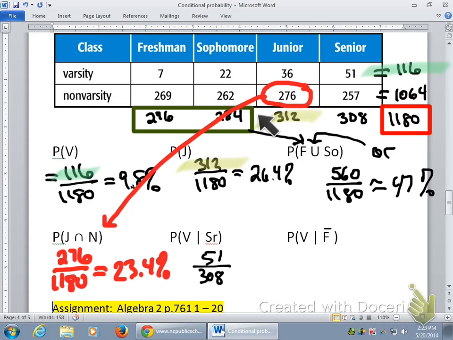So right now, I can scratch all of this out. I am only looking at this box. Oops, go away. I'm only looking at this box right here to do this problem. Okay? Because the sample space changes.